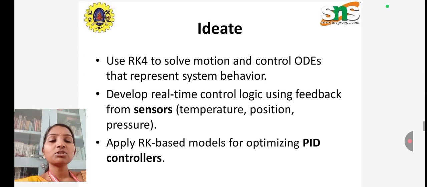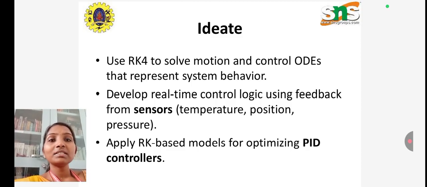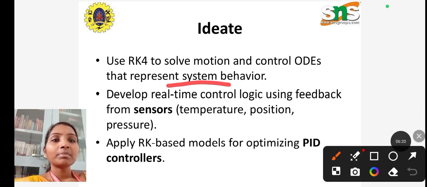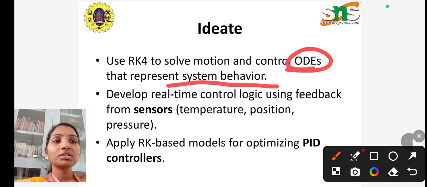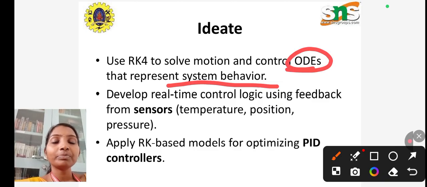The third thing is to ideate, using the Runge-Kutta method, the fourth-order Runge-Kutta method, to solve motion control ODEs that represent system behavior. System behavior can be represented using ordinary differential equations, as we discussed in the previous slide, and with that in hand we can solve them using the Runge-Kutta method.